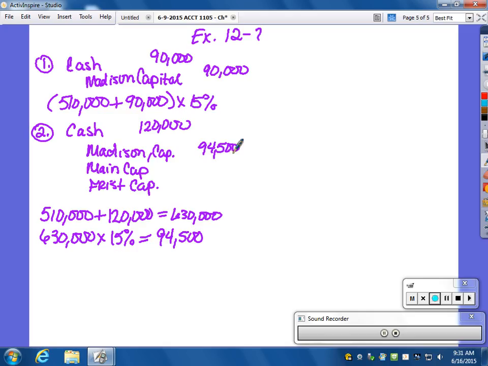From the 120,000 invested amount. So we take our invested amount and subtract Madison's capital of 94,500. How much did we get? 25,500, and then we have to do what?